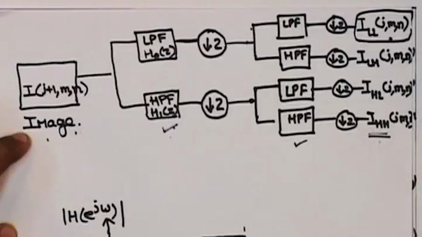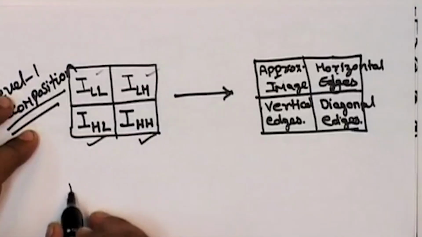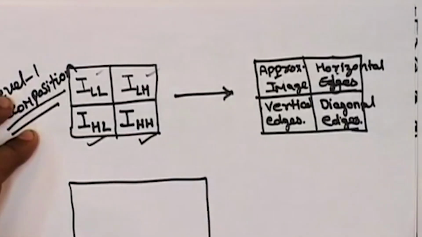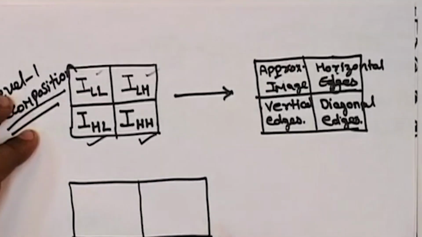To see this further, since this was our level 1 decomposition and we are performing the same filtering and downsampling operations on this LL subband image, at level 2 we will obtain a picture something like this. Pictorially, this can be depicted as follows. This was our LH subband, let us say this is LH1.